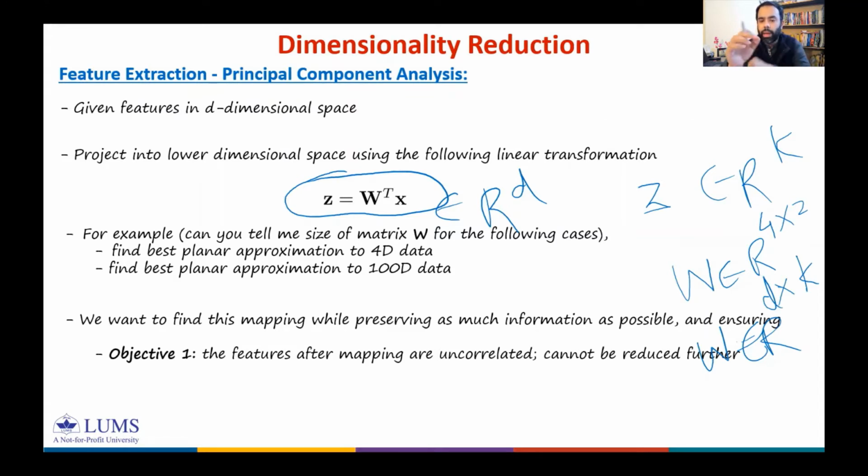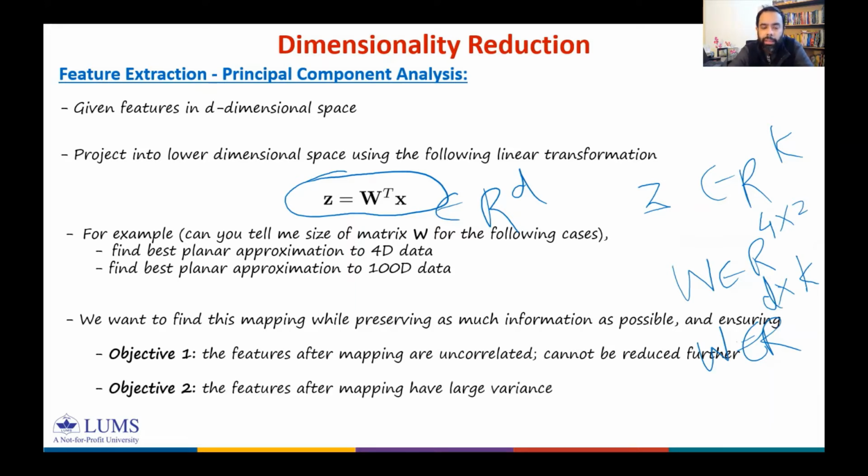This is something very, very nice, right? So you want features that are not sharing any information. They are uncorrelated. And second, the features after mapping have large variance. It simply means you are capturing the large variations in the data.